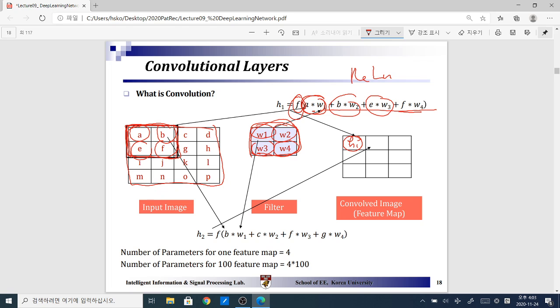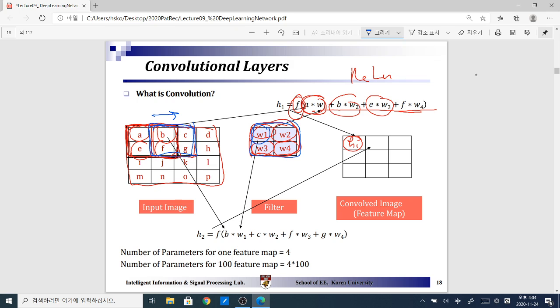So this would be H1. And similarly, let me use another color just to indicate that, as we stride one unit to the right, we have the same filter applied to this particular receptive field, and it goes through exactly the same process.